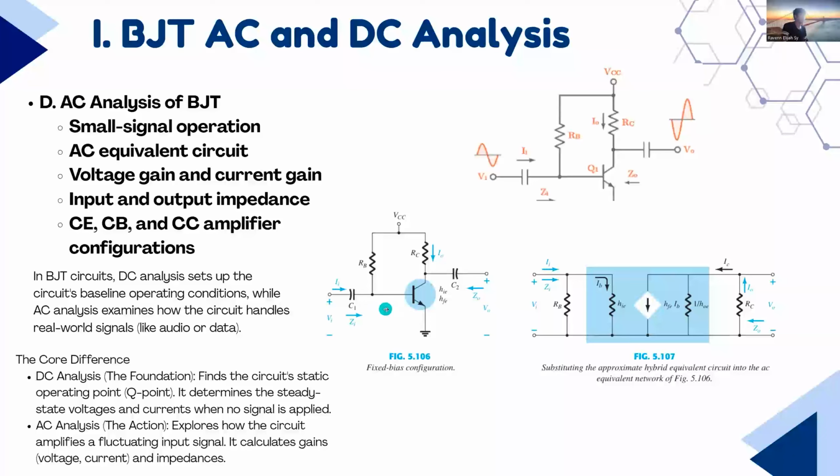Okay. From this equivalent model, we calculate four critical performance parameters: voltage gain, AV, and current gain, AI. The ratios of output voltage and current to their respective input values, defining the amplification factor.